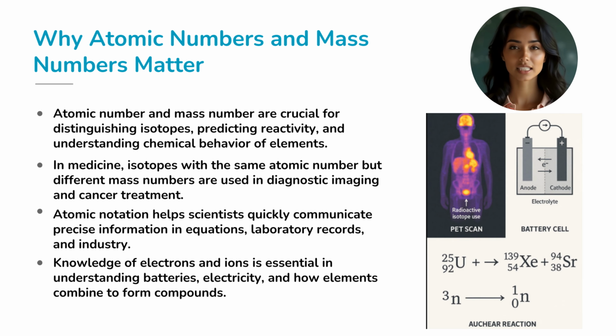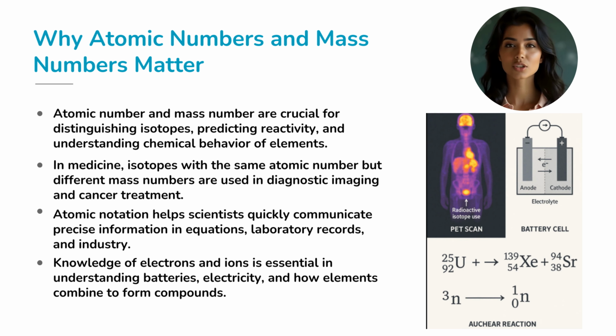You might be asking, why is all this important? Atomic number and mass number are essential for distinguishing isotopes, predicting how elements will react, and understanding the unique behavior of each element. For example, in medicine, special isotopes with the same atomic number but different mass numbers are used in PET scans and cancer treatments.